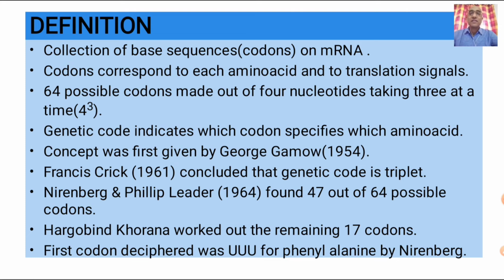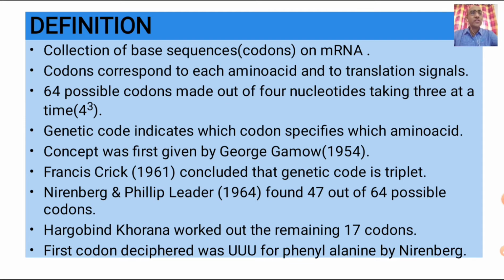As far as the genetic code is concerned, it has been found that there are 64 possible codons that can be made out of 4 nucleotide bases. In the case of RNA, you do get 4 bases: A, U, G, C. Thymine is absent; instead of thymine, there is uracil in RNA.